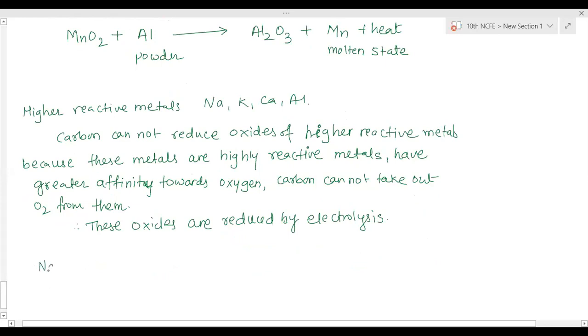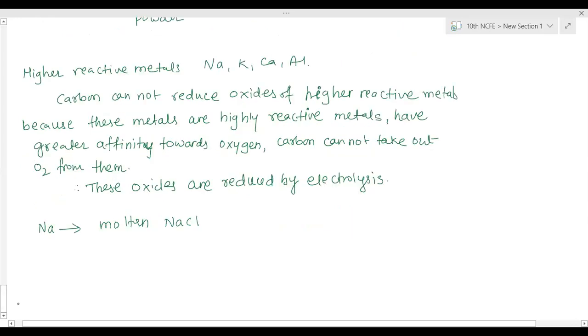So sodium is obtained from molten sodium chloride, molten common salt. Here it is not aqueous common salt, it is molten common salt. Pure sodium is obtained from molten sodium chloride.